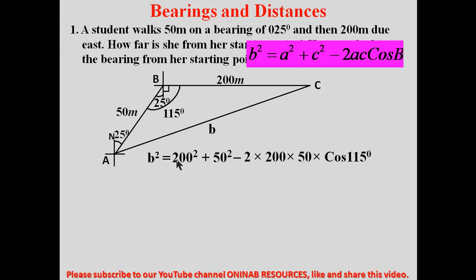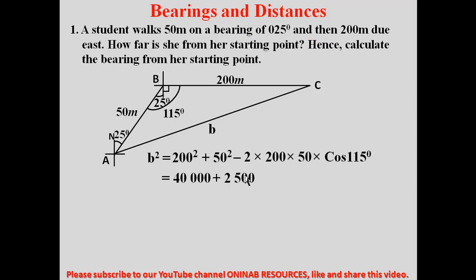So we evaluate these squares and the product here. 200 squared is 40,000, plus 2,500, and 2 times 200 gives 400, times 50 gives 20,000. Multiply by cos 115 degrees.